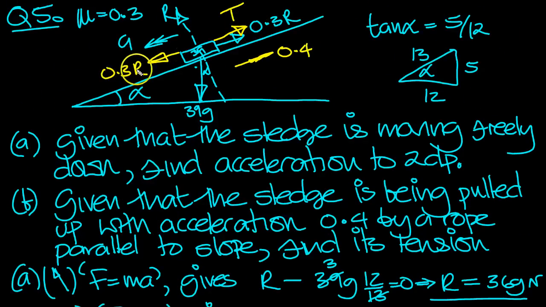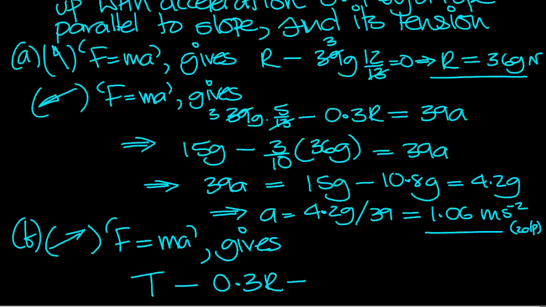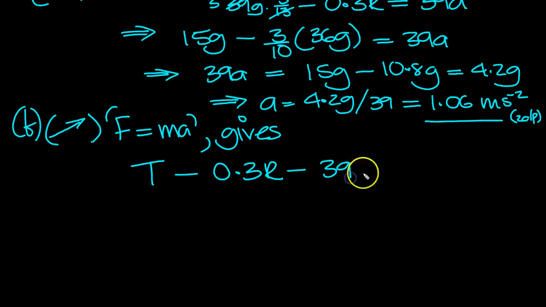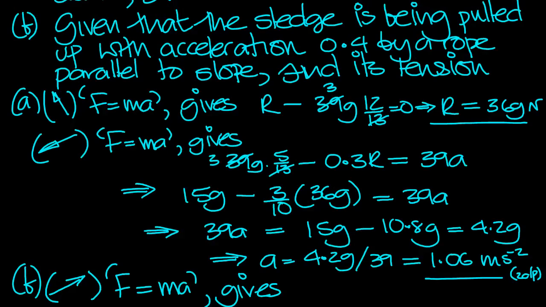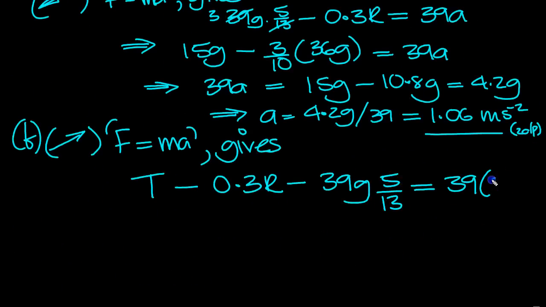Tension minus the 0.3 R, minus this weight component that acts in this direction, 39g sine alpha, 5/13. So the resultant force is equal to the mass, 39, times the acceleration. Let's just go back up and check what the acceleration is. 0.4, and the sine was 5/13, as we said.